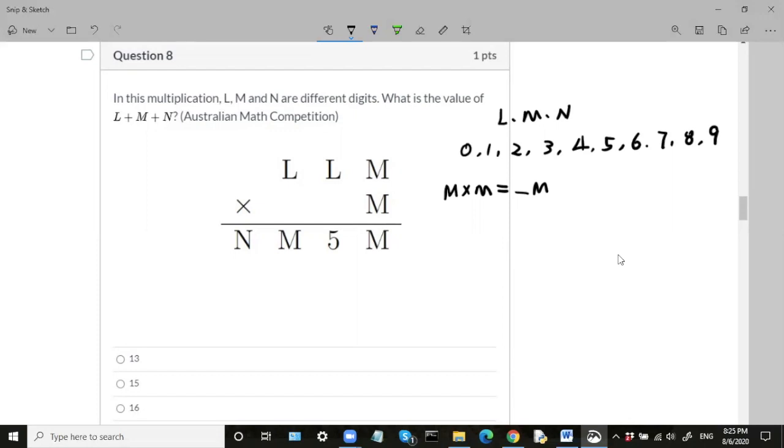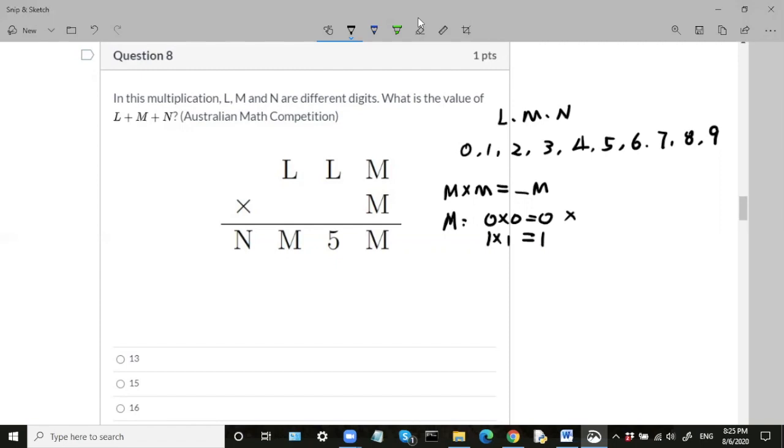M could be 0, of course, 0 times 0 equals 0. But if M is 0, then these are all 0, and it cannot be 5. So we don't consider this one. 1 times 1 is also equal to 1.